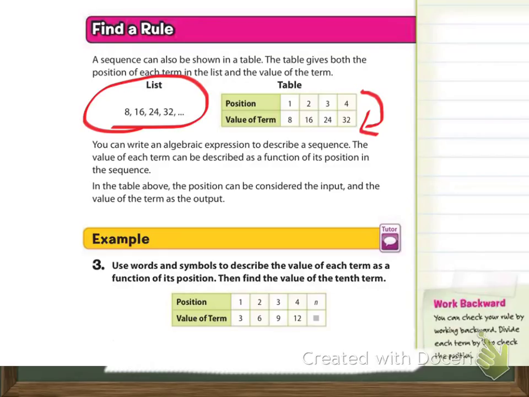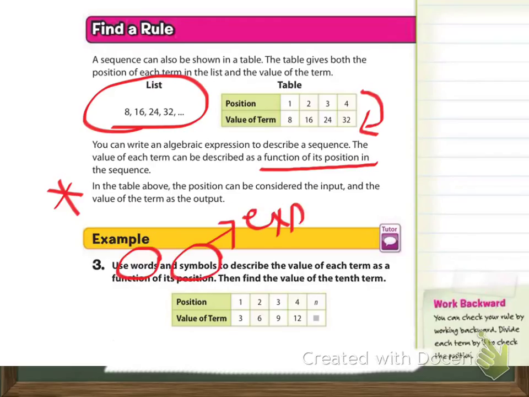So you can write an algebraic expression to describe the sequence, and it's the function of its position. Okay, so I wanted you to pay attention to this and remember while we look at example 3. You will have it written like this on your test. Use words and symbols. And when they say use symbols, they're basically saying write an expression. Using a variable, using a mathematical operation, add, subtract, multiply, or divide. Okay, something is happening to the input.